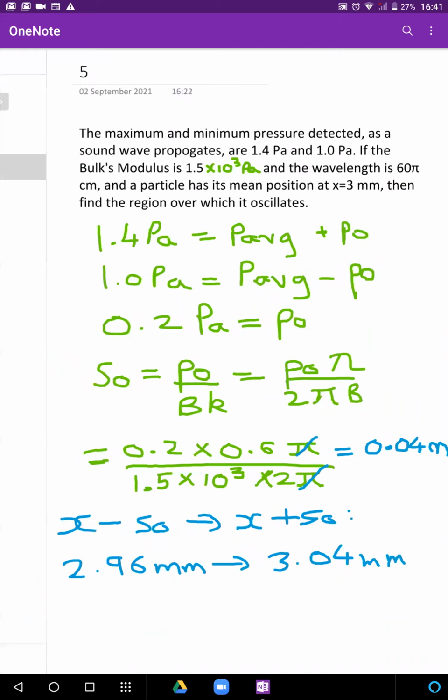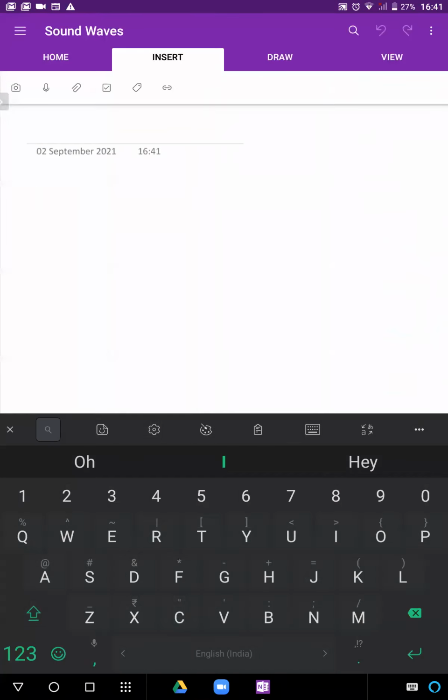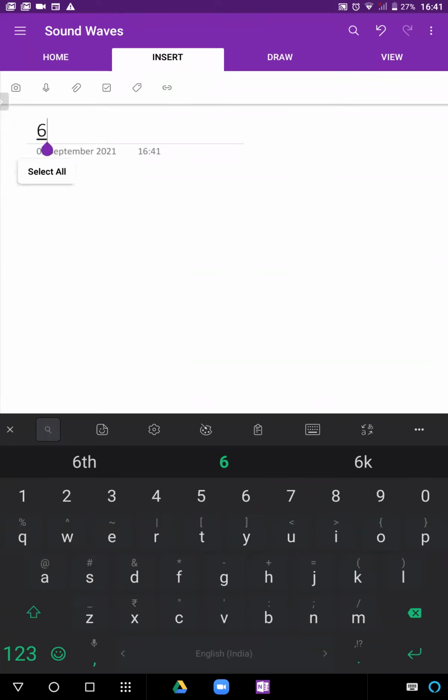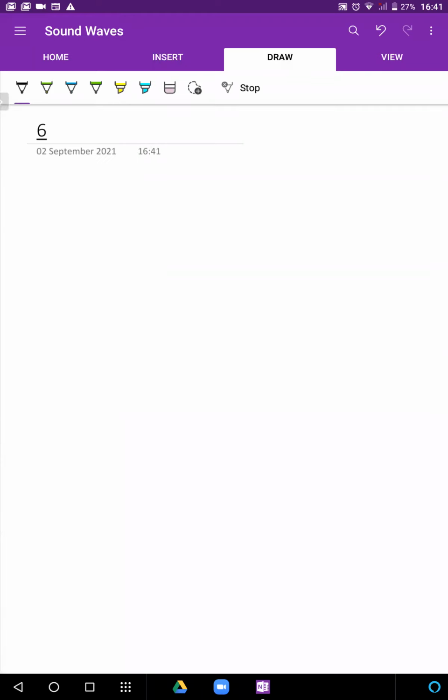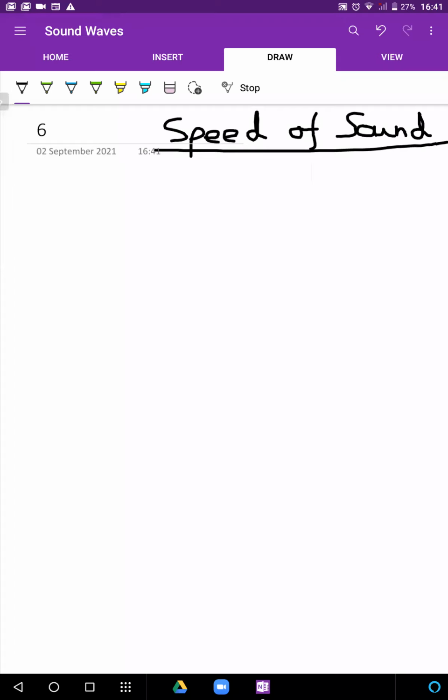Now, let's see how to derive a formula for the speed of sound. The speed of sound. Okay. So again, we're going to work predominantly in air itself.